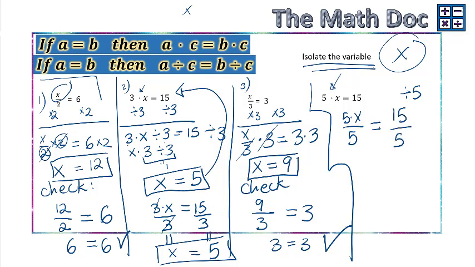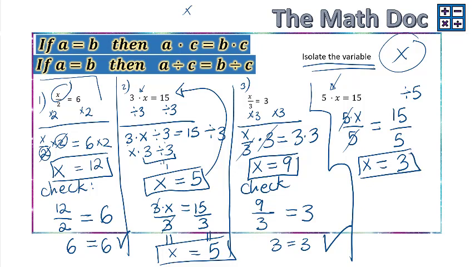So again, we divide both sides by the same number. Here our two 5's cancel, so we're left with x equals 15 divided by 5 is 3, right? So 15 fifths are just 3, and x equals 3.